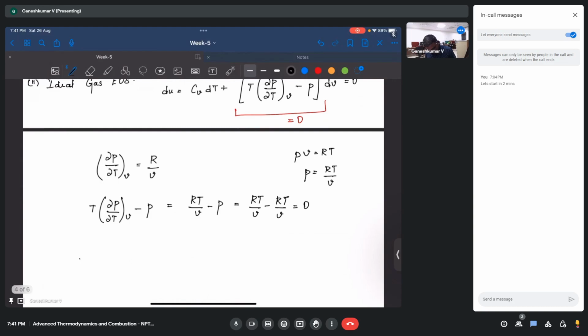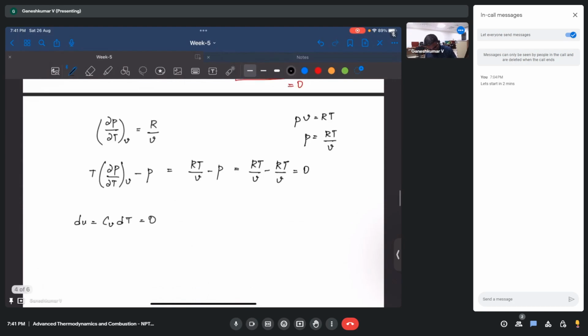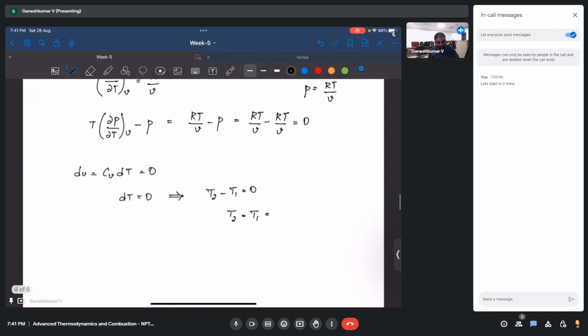Now du is equal to cv dT, which is again 0. So dT is simply equal to 0, which means T2 minus T1 is equal to 0, which means T2 is equal to T1. In a way, ideal gas is simpler. So T2 is nothing but 400 Kelvin.